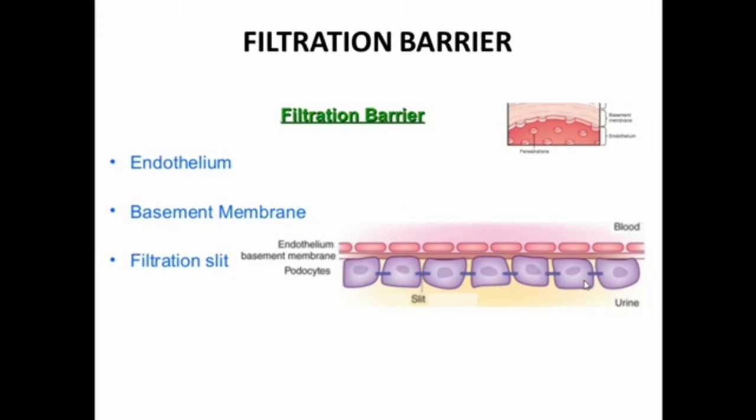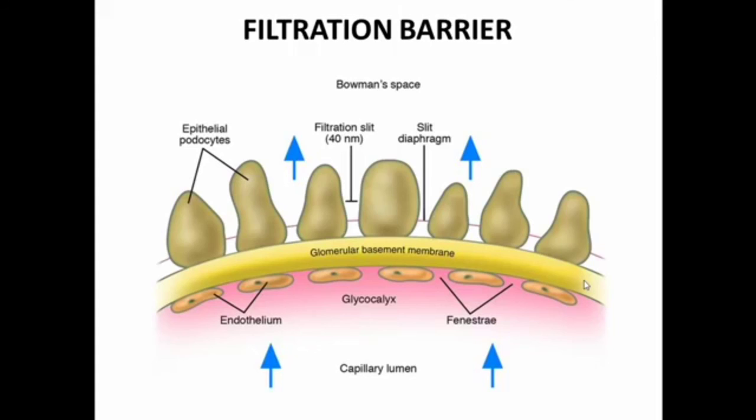Now, this is another picture, a more elaborated or more descriptive picture. Here you can see these are the endothelial cells, and this light color here is shown for the glycocalyx, and then the basement membrane. These are the secondary processes of the podocytes.